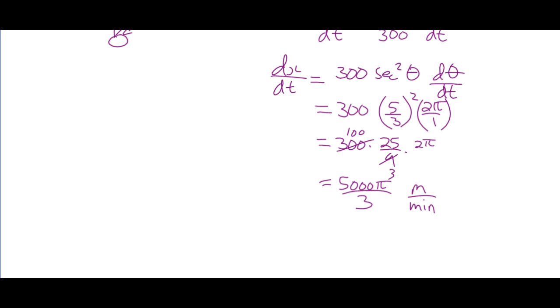Okay, 5,000 pi over 3 meters per minute. Yeah, a little over 5,000 meters per minute. That's that.